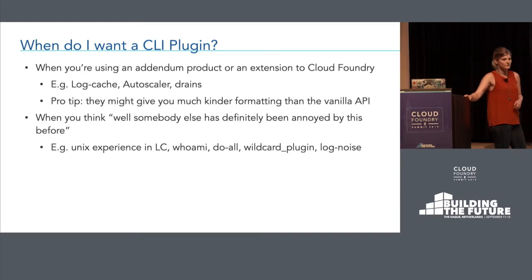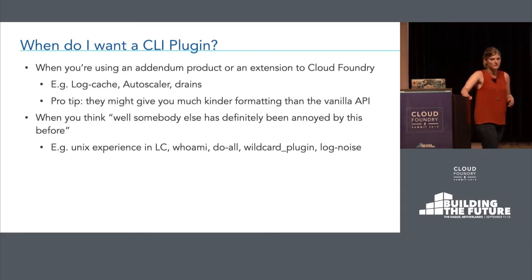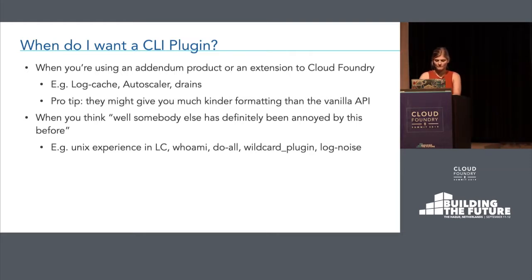Like, I can do some couple of letters star, and those were 3 apps that I wanted to do the same thing to, so let's just throw a wildcard in there. Some of the explanations you'll see next to the plugin listings are like, yeah, that is a thing I want. That sounds completely sane. I'd absolutely want that. So anytime you feel like somebody else has definitely wanted this before.